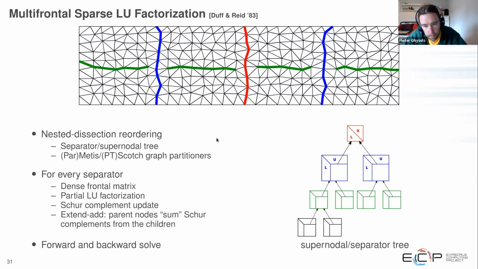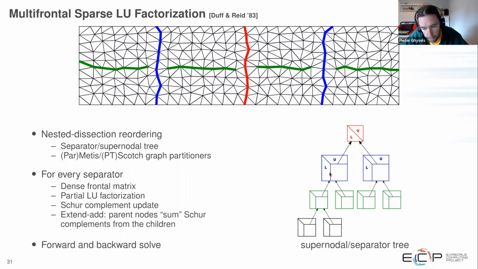Typically, because we keep dividing the mesh into smaller subgraphs, the separators become smaller and smaller as you go down the tree. For each of these separators, we have a dense matrix in the node of the tree. This dense matrix is called a front.